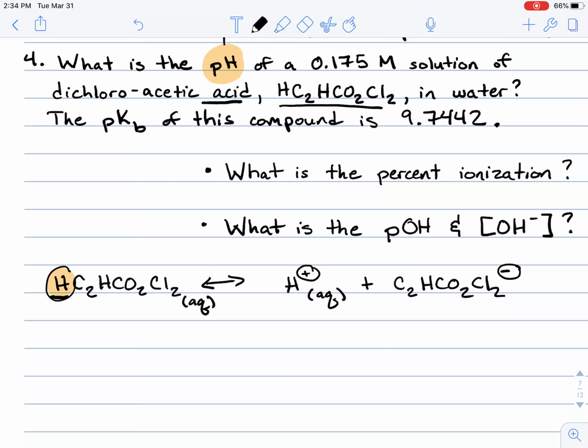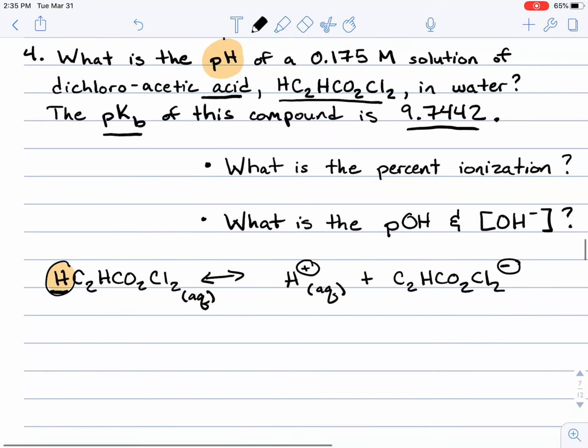One way that we can do this is look at the Ka value, or the equilibrium constant value. In this problem, notice that I did not give you the exact equilibrium constant for dichloroacetic acid. I actually gave you its pKb. In this case, it's going to be 9.7442.